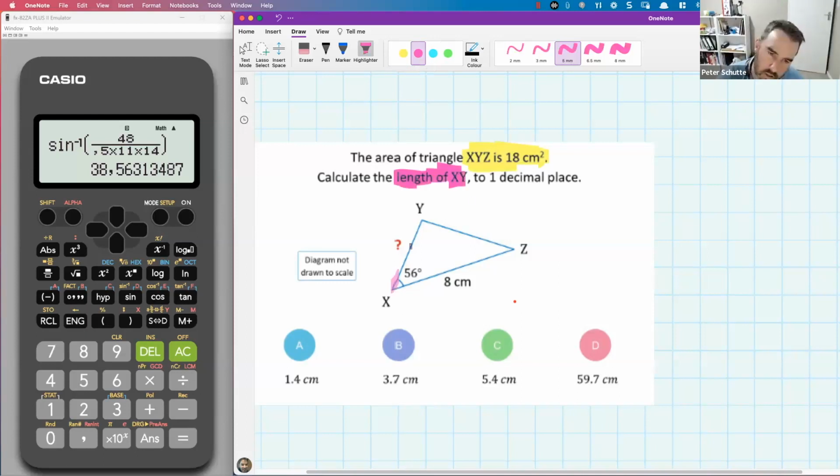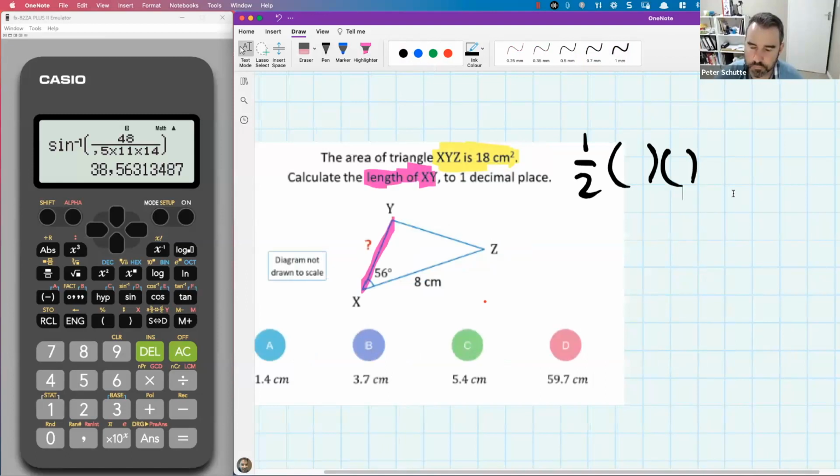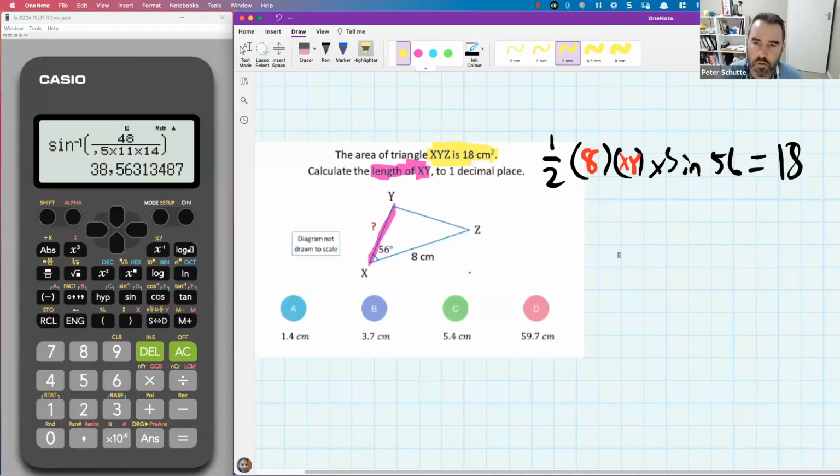They want... just one difference is that instead of getting X by itself, what I really want is to get this XY thing by itself.